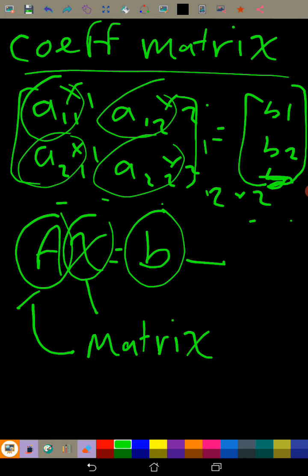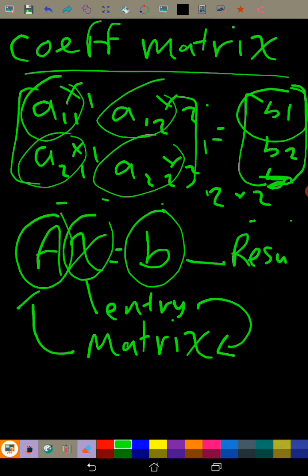X is an entry of this matrix, and b is something. B is probably the result. It's probably the result. Yeah.